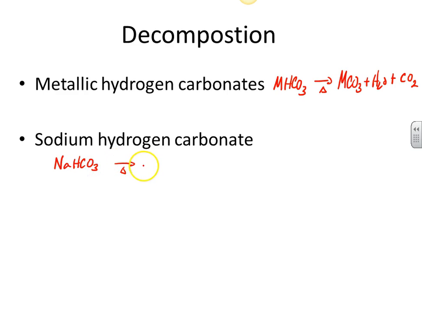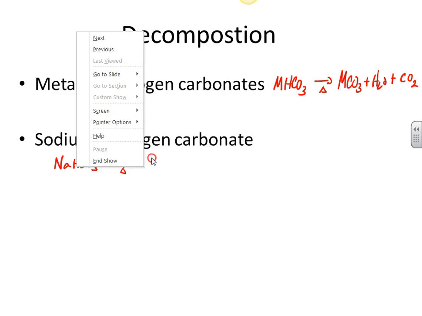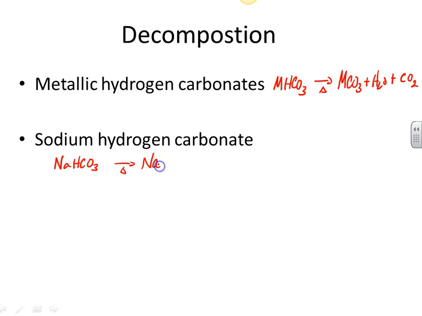If heated, produces sodium carbonate plus water plus CO2. So we've got one, so we need two here. That gives two hydrogens, two carbons, two carbons, and six oxygens. That's 3, 4, 5, 6 oxygens, balanced as written.